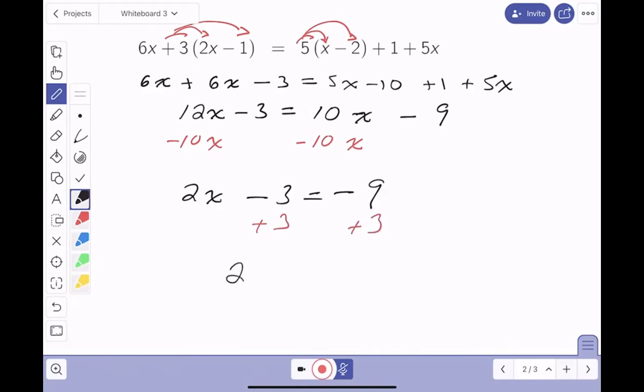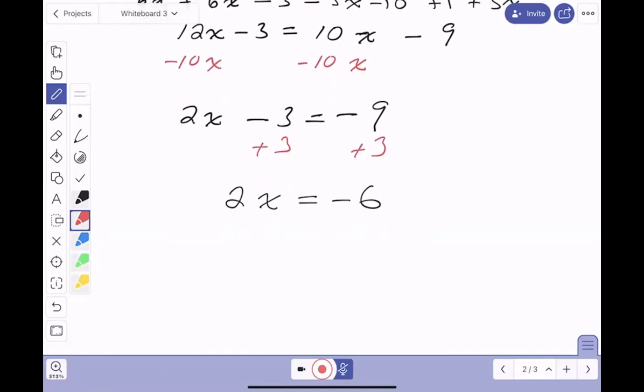You get 2x is equal to minus 6. All right, so the variable term's on the left, the constant term's on the right. Now what am I going to do? Go to the next step. What does the next step say? Divide both sides by the variable's numerical coefficient. And what's the variable's numerical coefficient? 2.